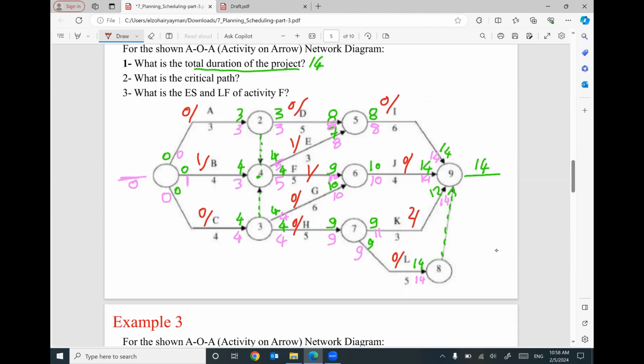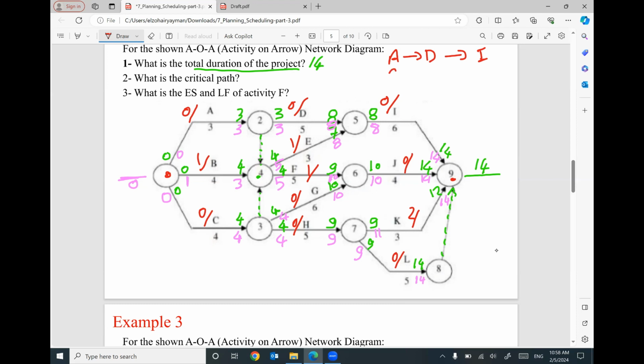critical activities. I can say I have critical activities from A, D, I, from the start to the end of the project. I have also another critical path.